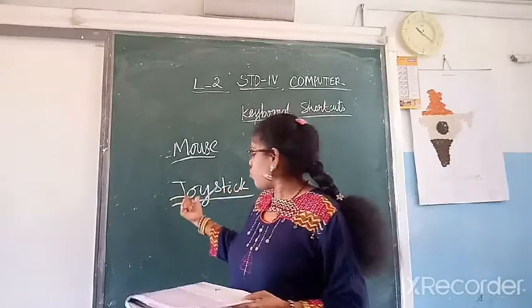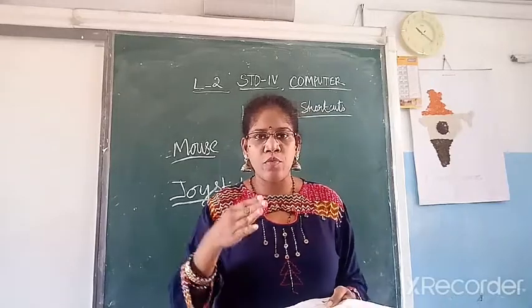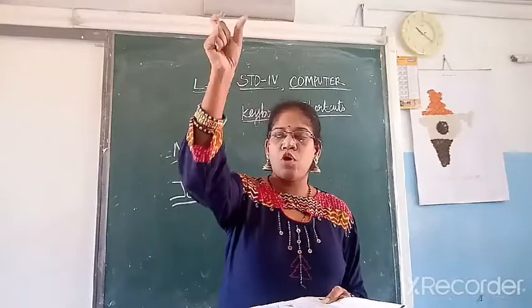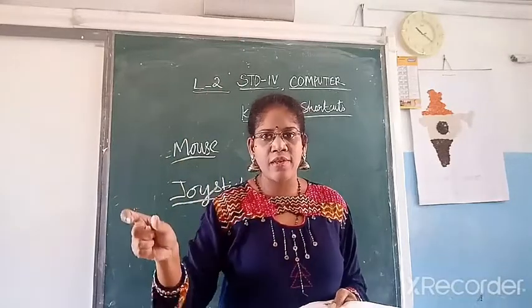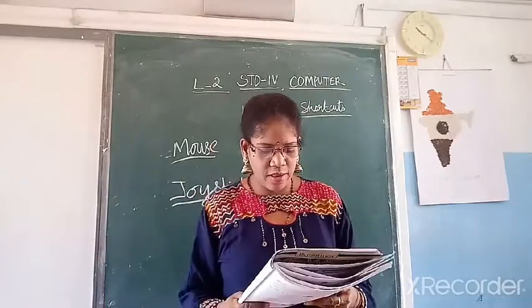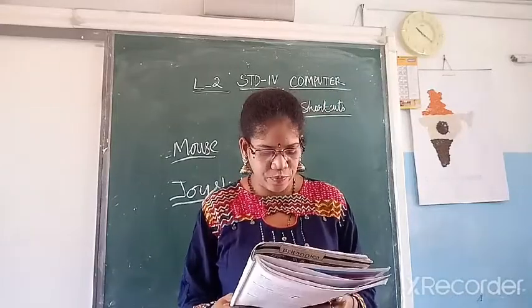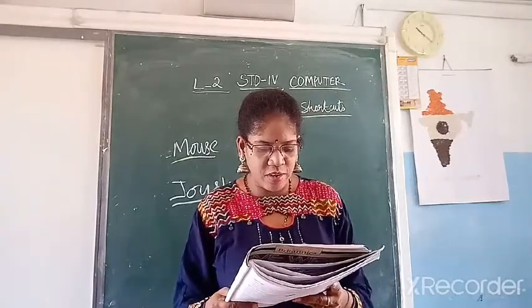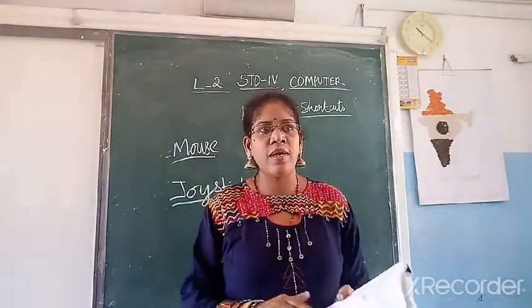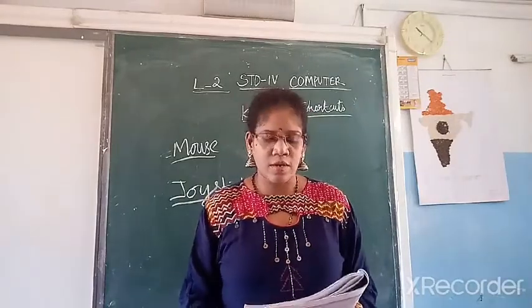With the help of this joystick, you can move the direction from here to here, just as in a mouse we take the cursor from top to bottom, left to right. Mostly people use joysticks for playing games. A joystick has many buttons which can be used to give input to the computer.